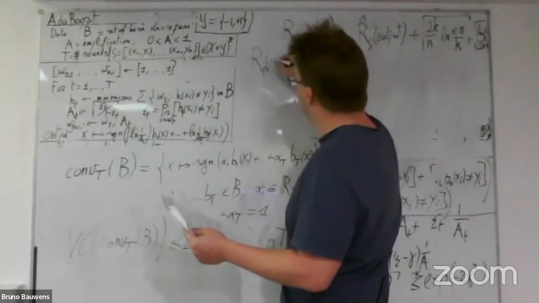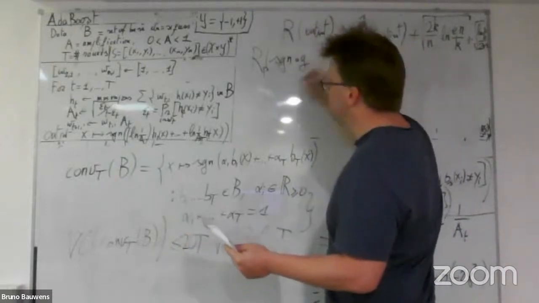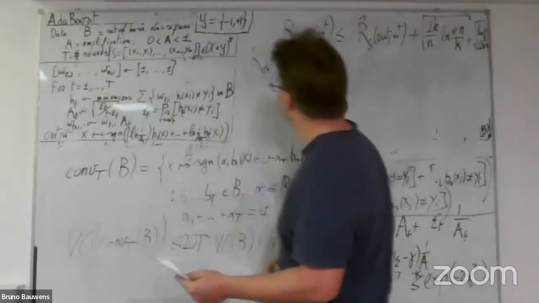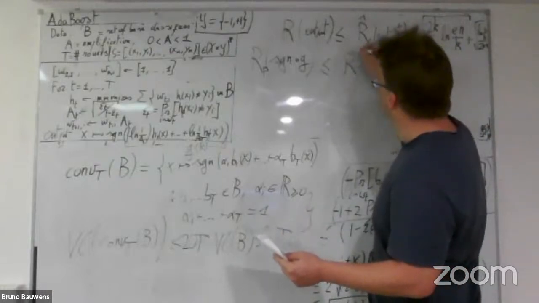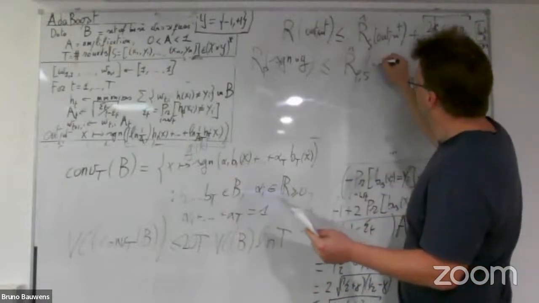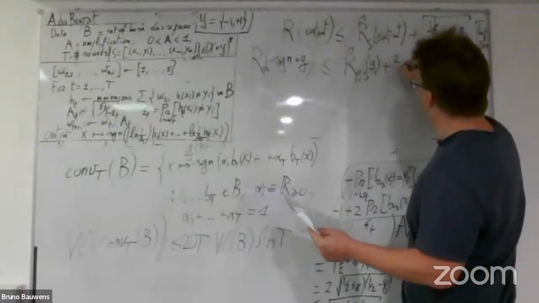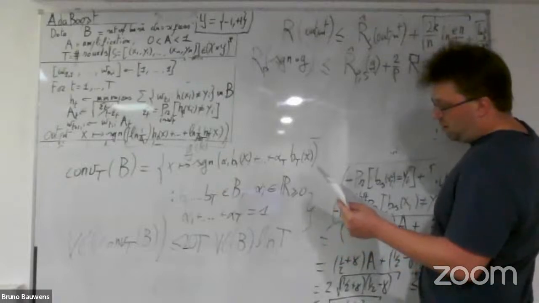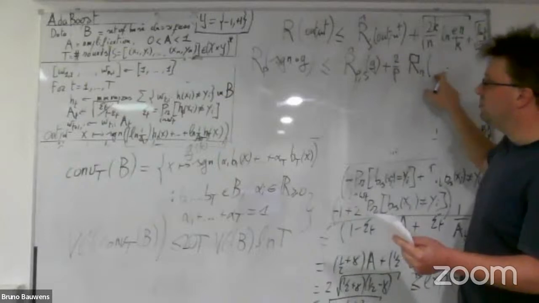So for any distribution, we are interested in the sign of G, where G is this linear combination, sign of G of X. It is bounded by the empirical margin risk for some margin rho of G plus 2 over rho times the Rademacher complexity of the class of functions G belongs to.